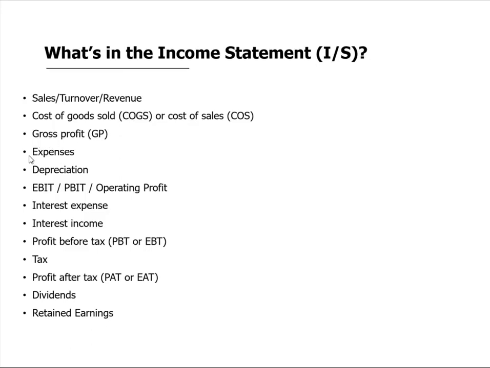We've paid some expenses, and the specific expense we've called depreciation, in order to get the operating profit. We then paid some interest expenses, maybe we received some interest income before having a profit before tax, paid tax to get to profit after tax, paid a dividend to end up at retained earnings.